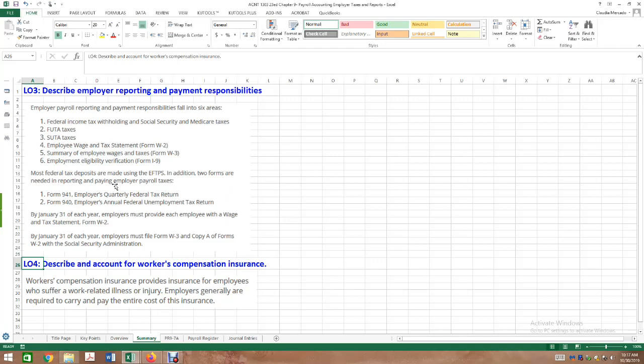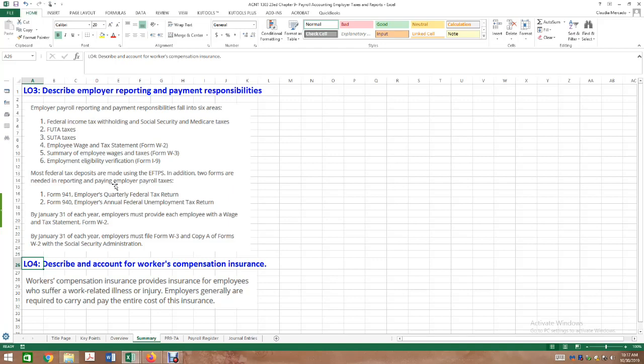Okay. So, by January 31st of every year, the employers must provide each employee with a wage and tax statement. We already had discussed that. This is the Form W2. So they do give you the whole month of January to get that W2 done and submitted or mailed out. There's some companies nowadays that send out emails where you can request your W2 electronically.